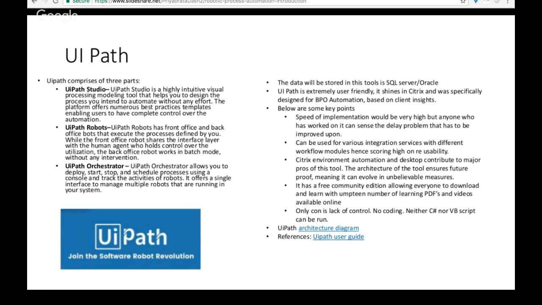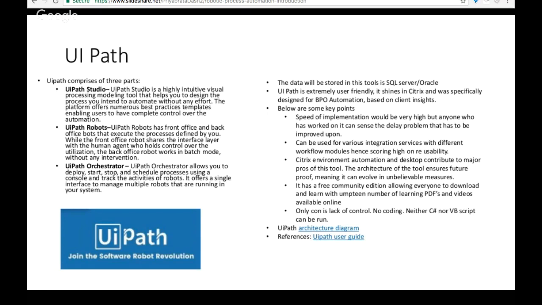and how many of these systems need to run would be defined by UiPath. The best thing is that UiPath is the leader in Citrix-based automation. They have very good connectors for Citrix UI automation. They also have very good connectors to be used with cognitive tools like Watson, and they have a feature for adding new connectors using C# or VB script.